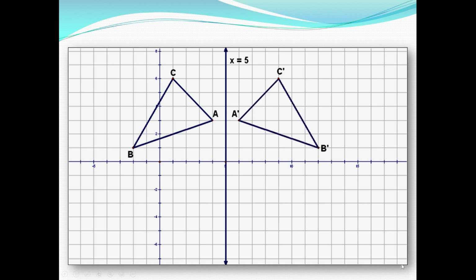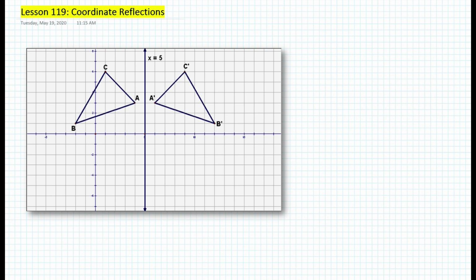So what is the notation in this case in terms of lowercase r? So let's analyze this further. So here we can actually write all the points using the notation. For example, lowercase r, and we're actually reflecting each point over the x is equal to 5 line.